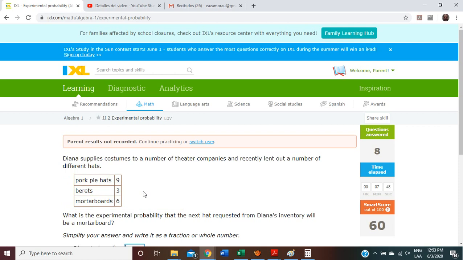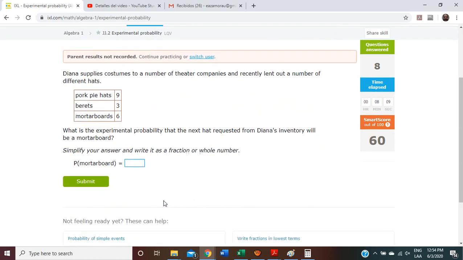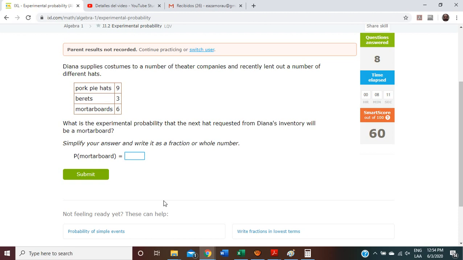Diana supplies costumes to a number of theater companies and recently lent out a number of different hats. She lent 9 corporate hats, 3 berets, and 6 mortarboards. What is the experimental probability that the next hat requested from Diana's inventory will be a mortarboard?